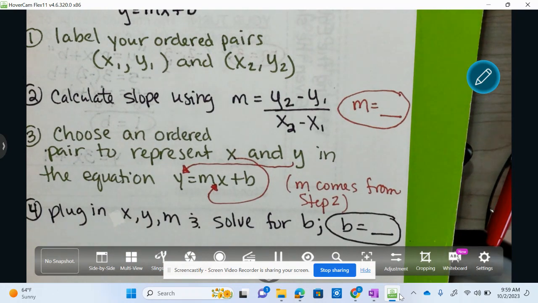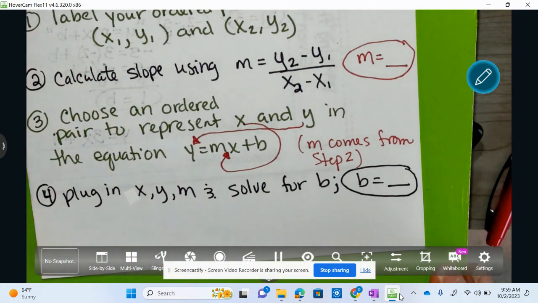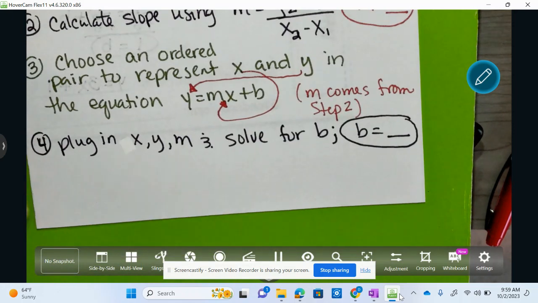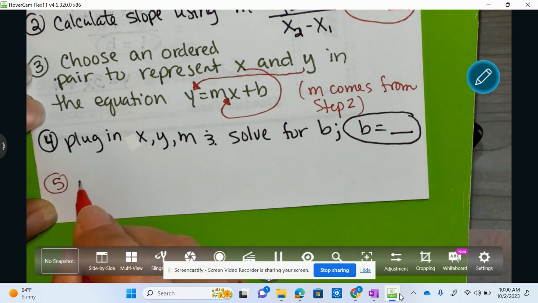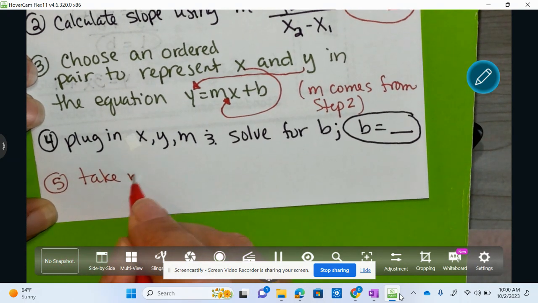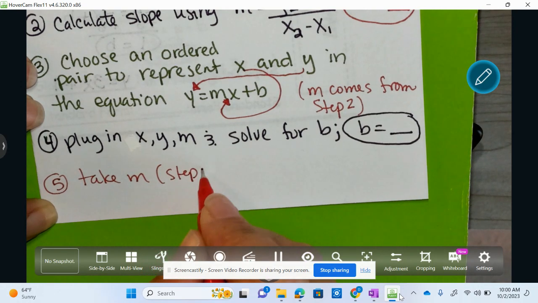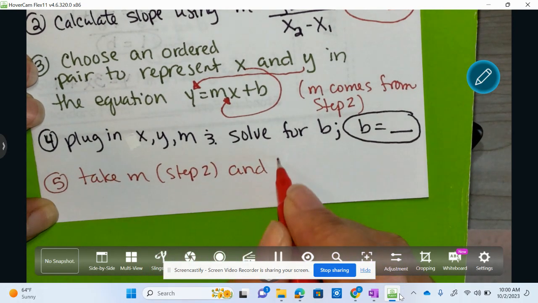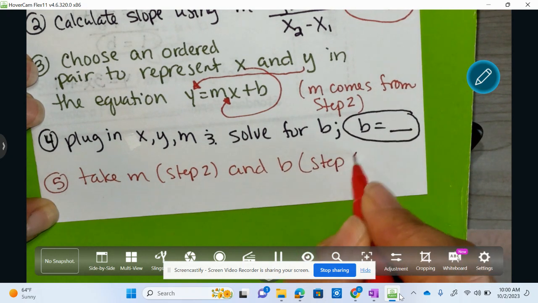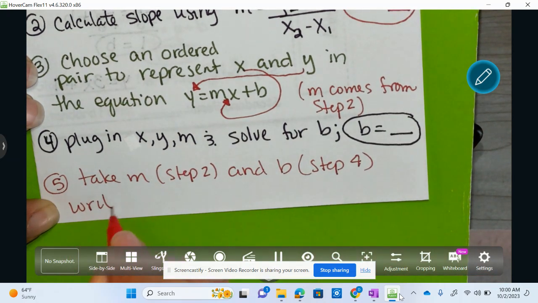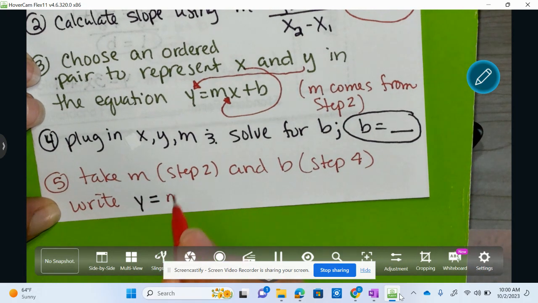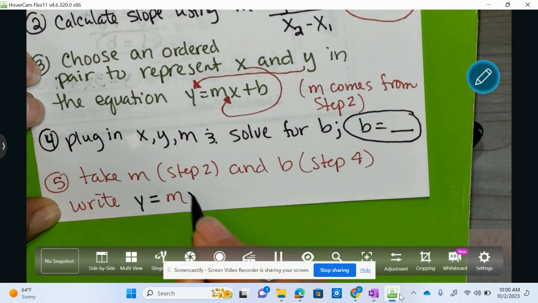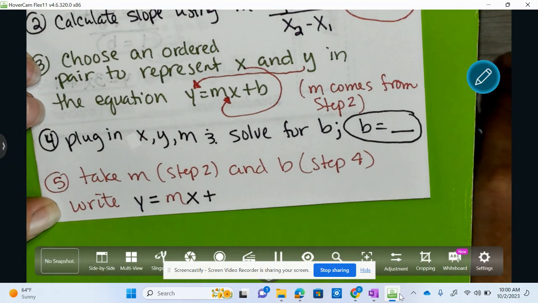Okay. So last step. You're going to take your m from step 2 and your b from step 4 and write the equation y equals m times x plus b.